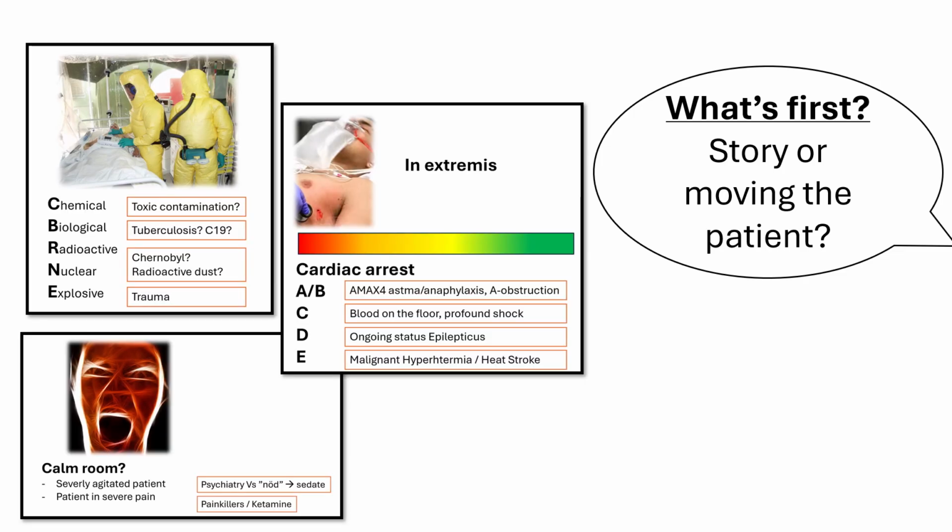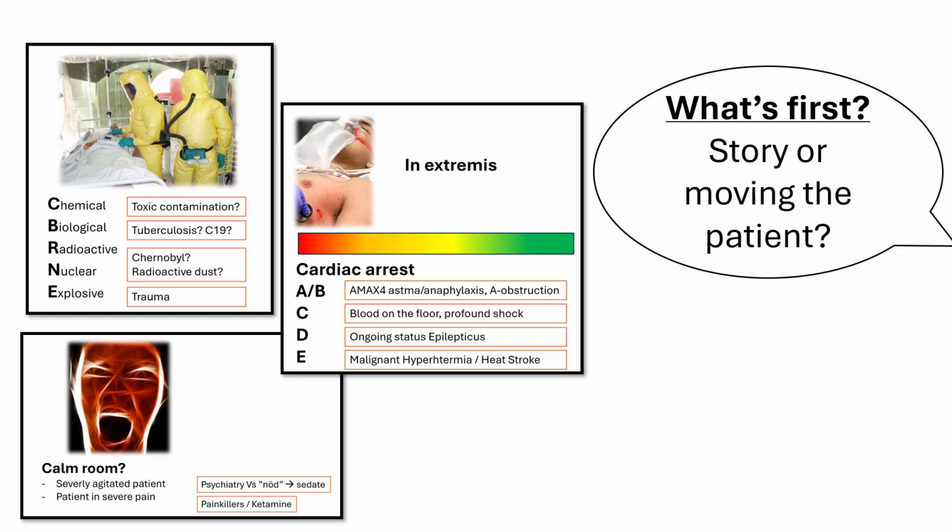But now we get into, so we talked about what's first, the story or moving the patient, and we talked about these three things. If the patient looks really bad, if there's CBRNE, or if they're really agitated, you might want to do something before moving the patient.